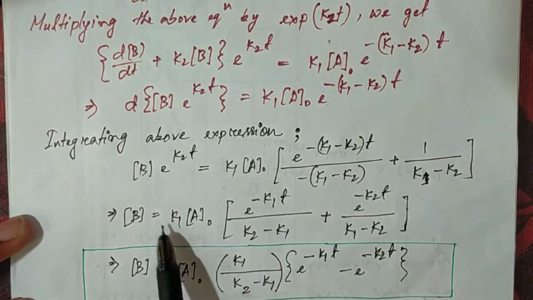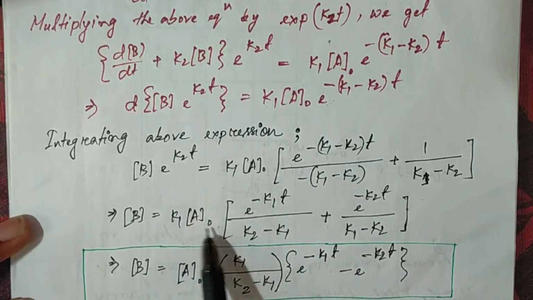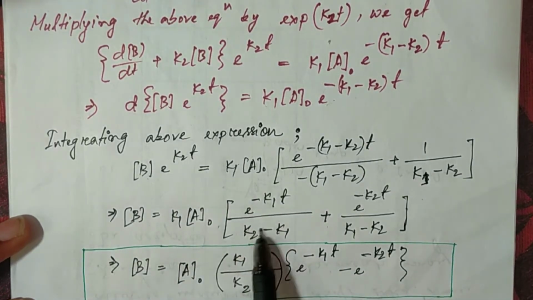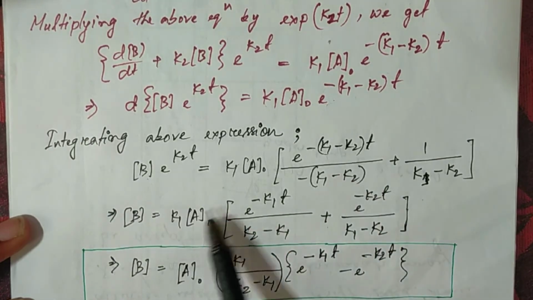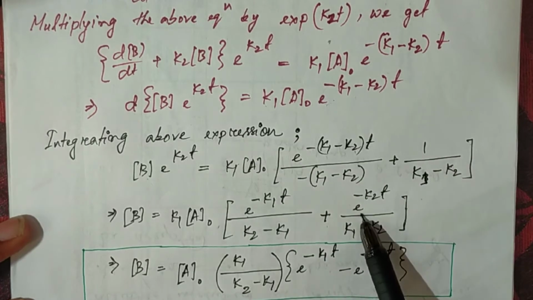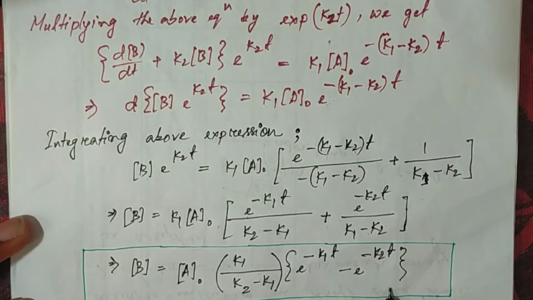Okay, next in this step I bring this e to the power k2 t to the right side, and it will multiply to this one and this one, and from this you will get this one. So this is for the product B.